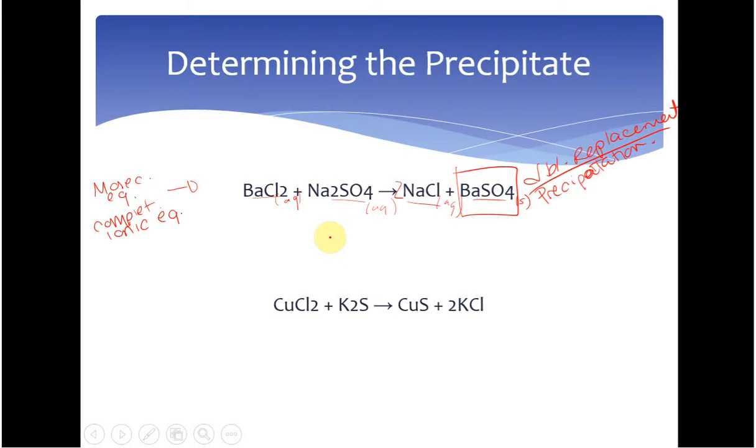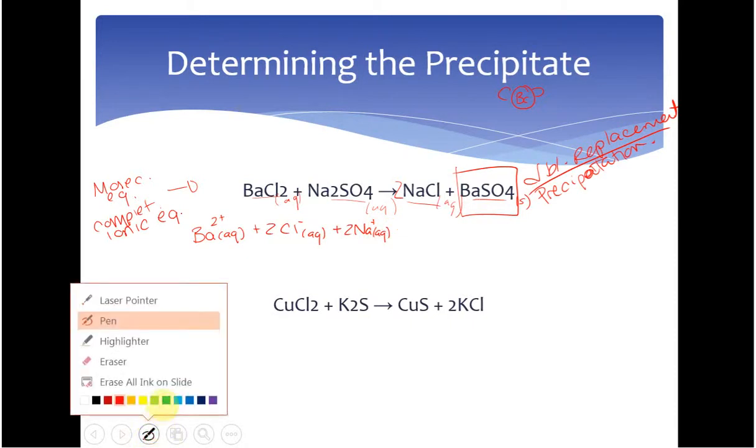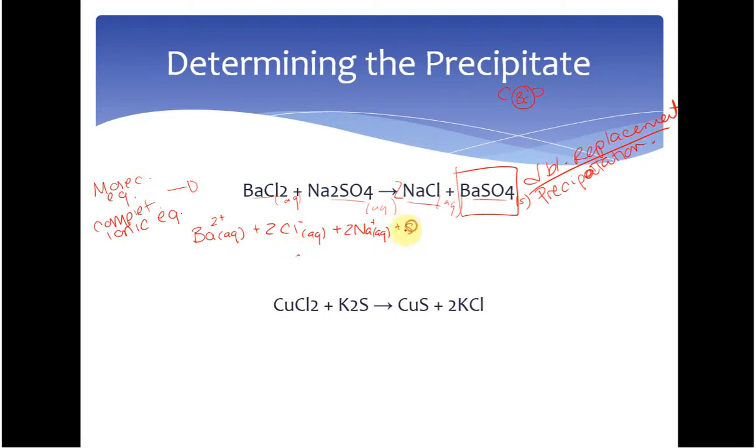So for example, barium chloride is aqueous. What that really means is it's not a barium chloride floating around, barium with 2 chlorines. Instead, it breaks apart into aqueous ions. So we really have barium 2+ aqueous, plus 2 chloride ions aqueous, plus 2 sodium ions, plus a sulfate ion.